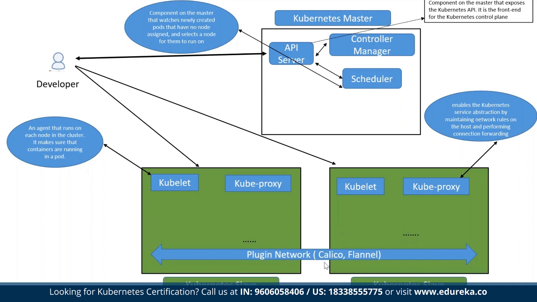Multiple types of container network interfaces are there. So there are two networking concepts. One is networking within a node, wherein containers or pods are running, and that is through kube-proxy. But when one node communicates to another node, that is through the CNI, the container network interface. It could be many things, like Calico, Flannel.